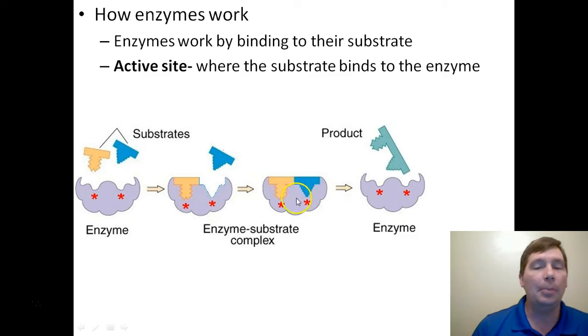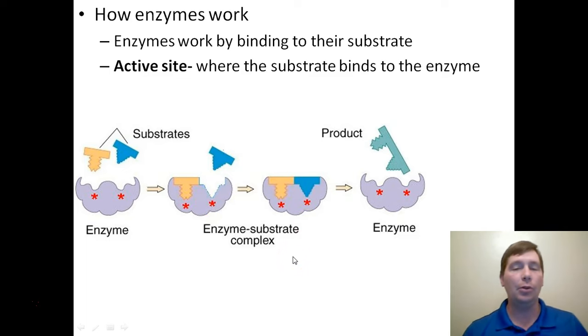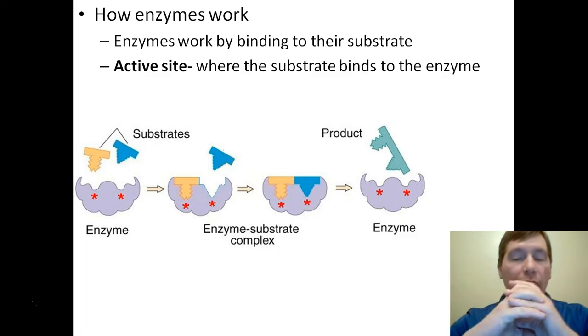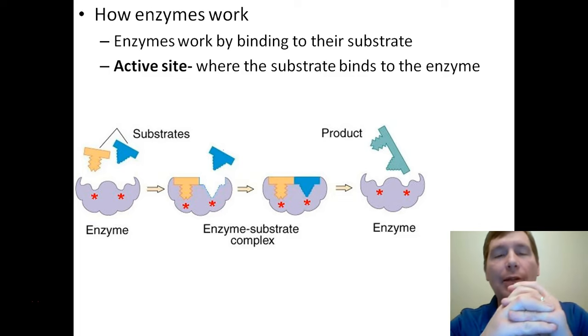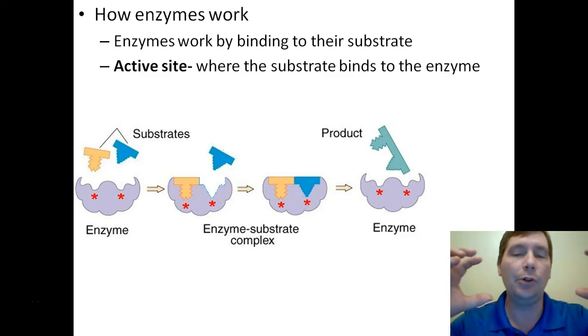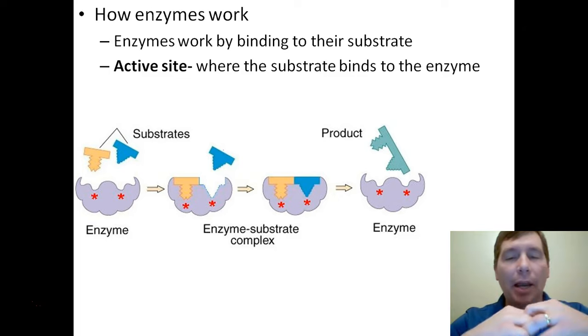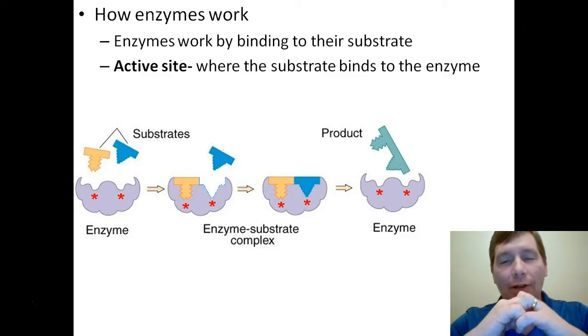When they physically bind to the enzyme, the enzyme will then either hold the substrates really tight together, forcing them to form covalent bonds, and so therefore they're joined together. That would be an anabolic enzyme. Or, if it's a catabolic enzyme that breaks something apart, the substrate binds to the enzyme, and then the enzyme physically breaks it apart.